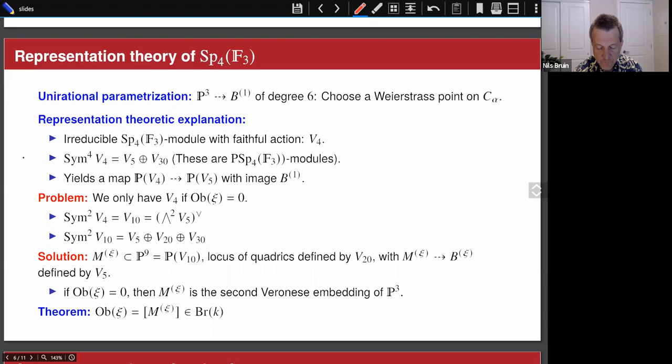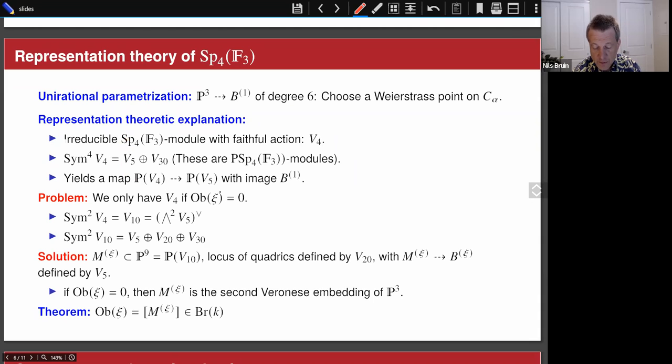And if we take the fourth symmetric power of that, so that's basically degree 4 polynomials in whatever the coordinates are on the space over here, on that V4, then it decomposes into a 5-dimensional and a 30-dimensional representation. And if you take the 5-dimensional one, this here is a 5-dimensional space of degree 4 forms on basically P3.